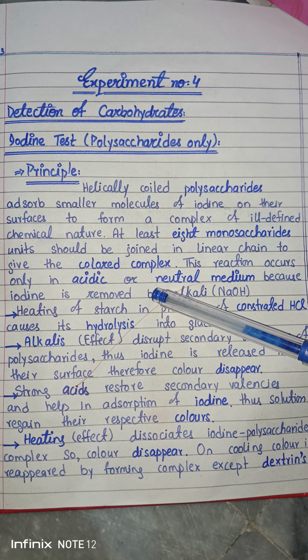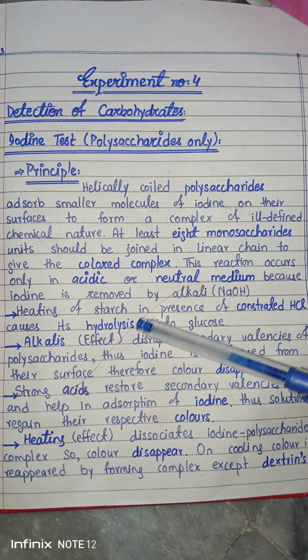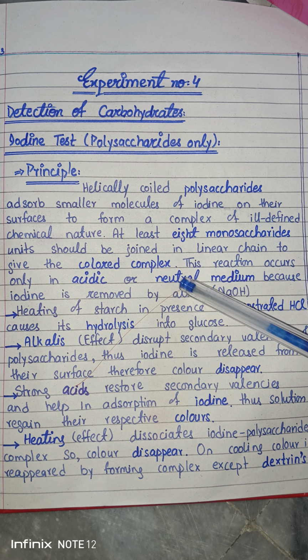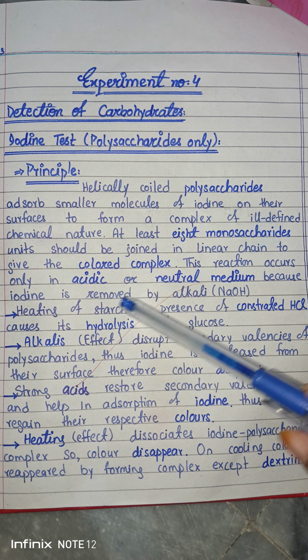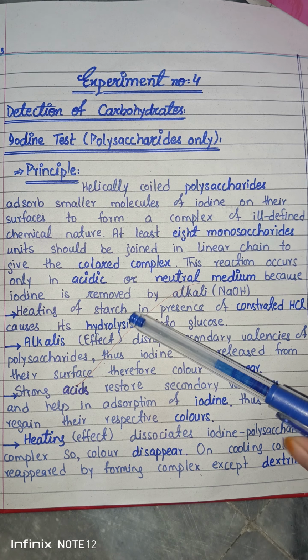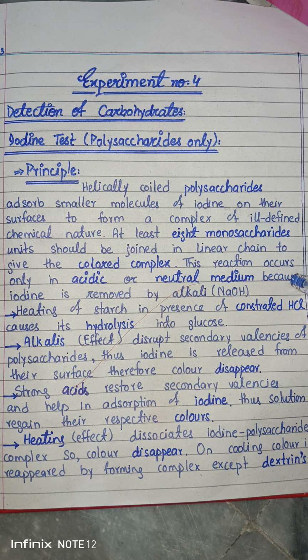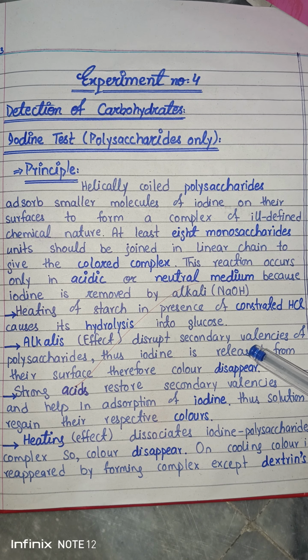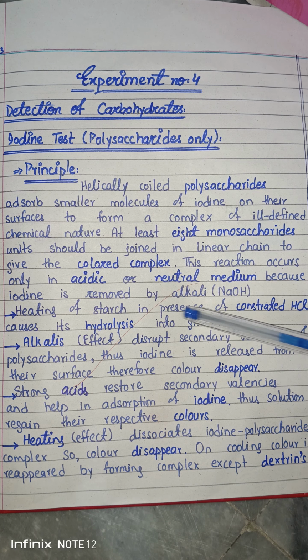You cannot give it a basic medium, because whenever you give the basic condition, its color complex will not form. Heating of starch, a polysaccharide, in the presence of concentrated HCl causes its hydrolysis, and it converts into glucose.